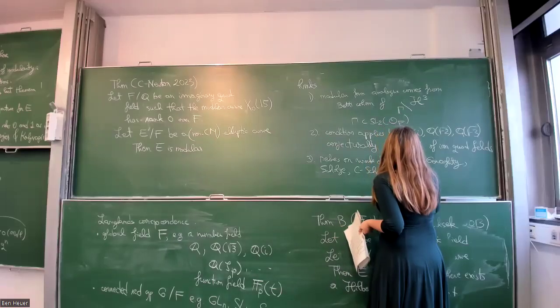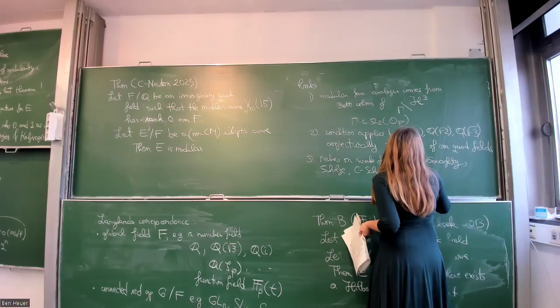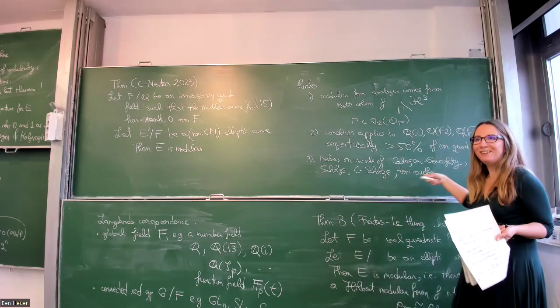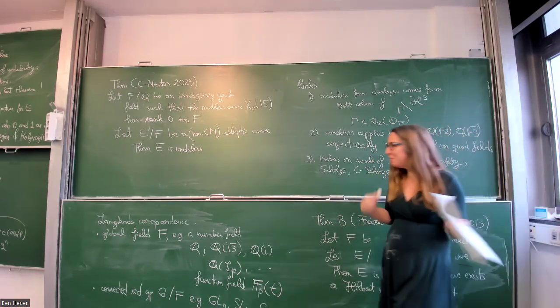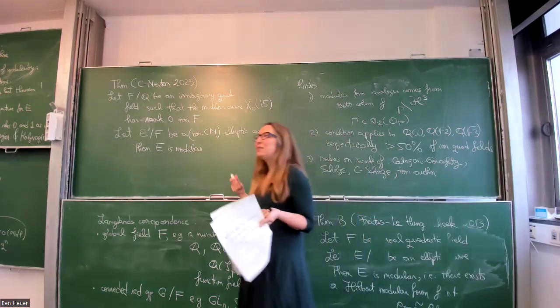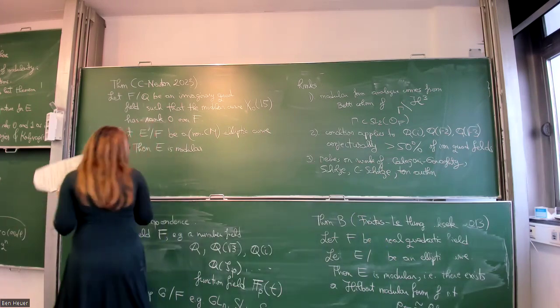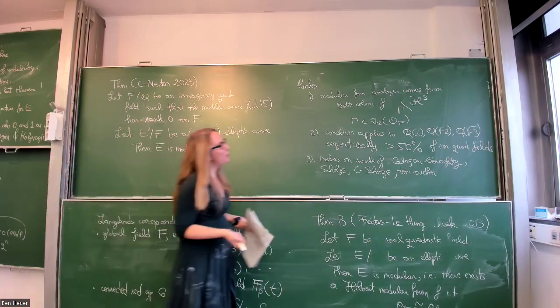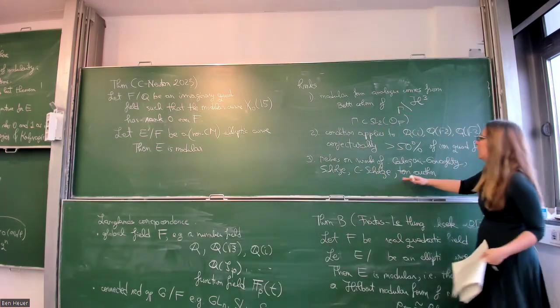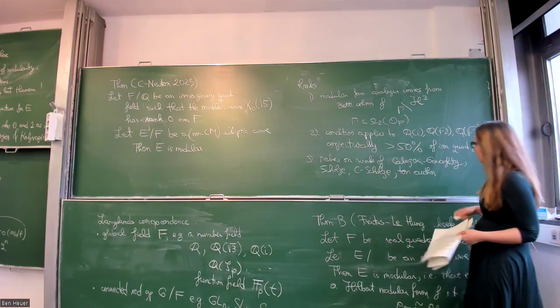There's the 10-author paper that proved that these elliptic curves, maybe I'll write down all the 10 authors in the talk tomorrow. So this proved that elliptic curves over CM fields are potentially modular. We don't really need that result, but we need a lot of the intermediate results, and basically the method that was introduced there.